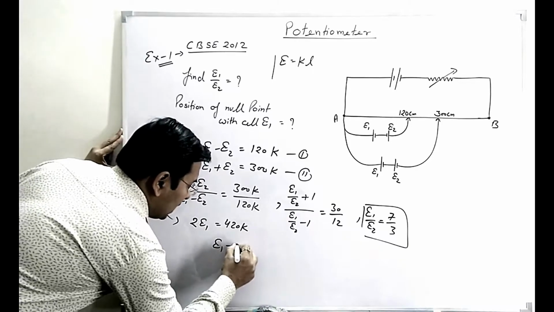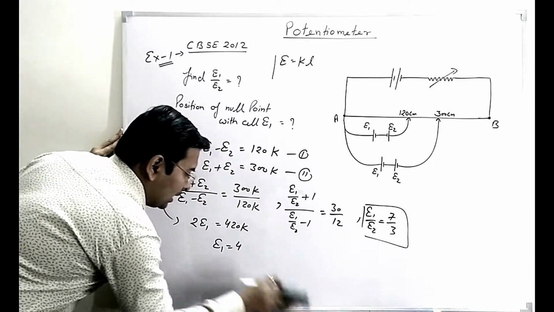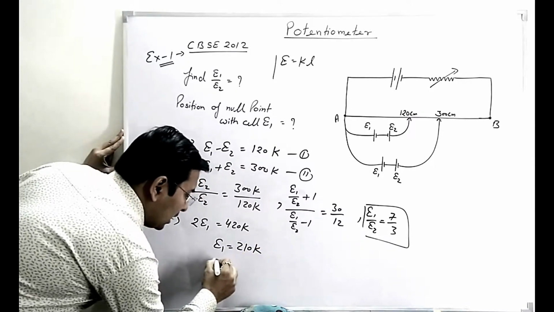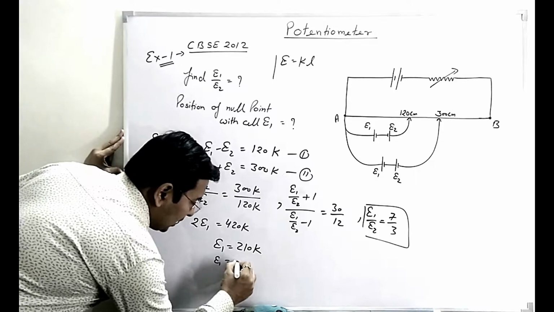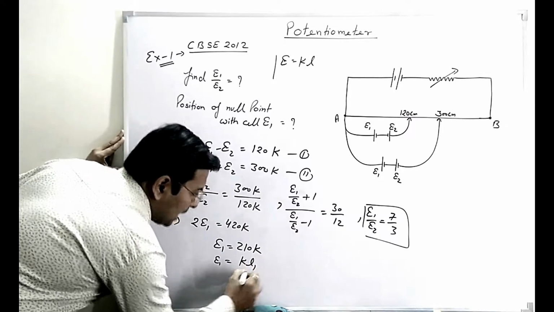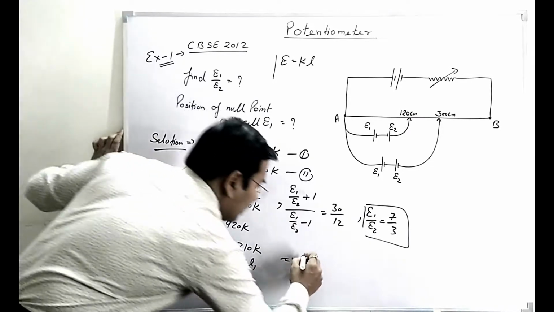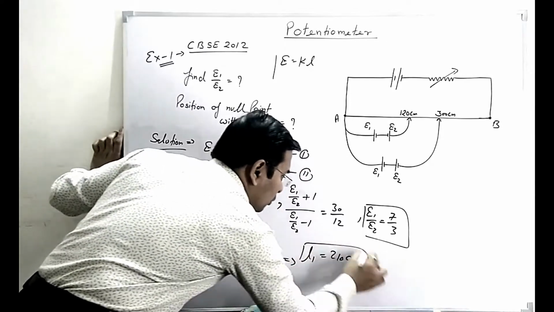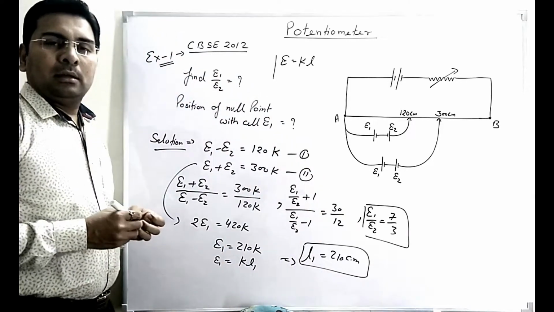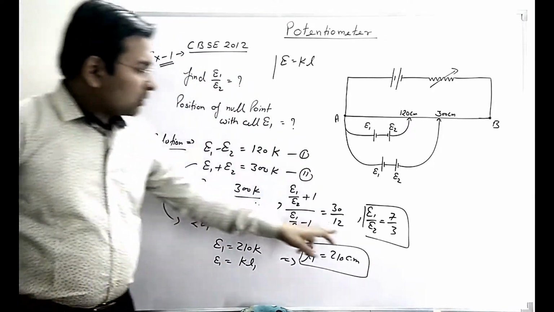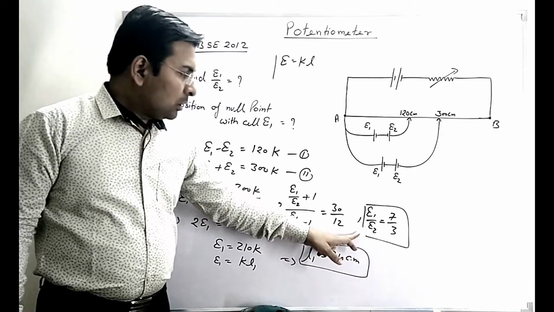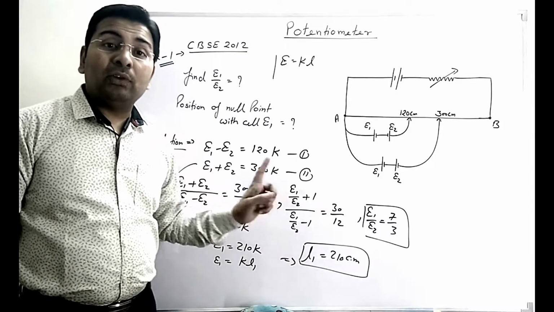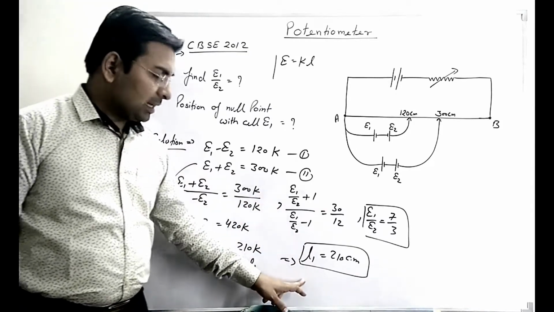So from here E1 will be equal to 210K. Now comparing it with E1 equals KL1, our answer L1 will be equal to 210 centimeter. So both the answers are here: E1 upon E2 is equal to 7 upon 3, and L1 is the null point length with the cell E1 in the circuit. Note it.